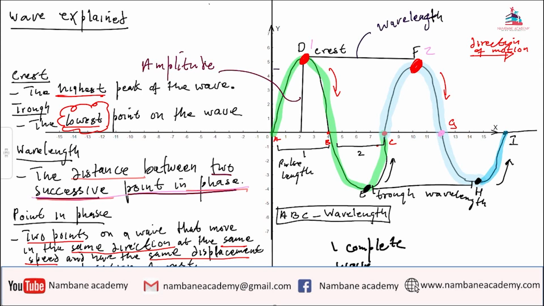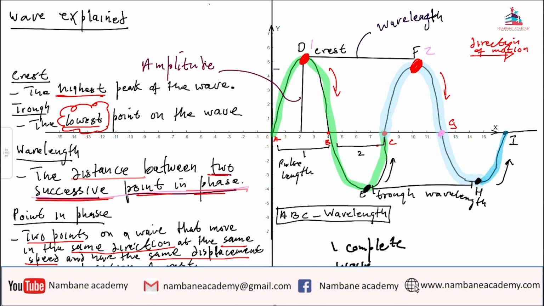However, we said for us to determine the wavelength, the distance between two successive points that are in phase. So for me to talk of a wavelength, it must be the distance between two successive points in phase.